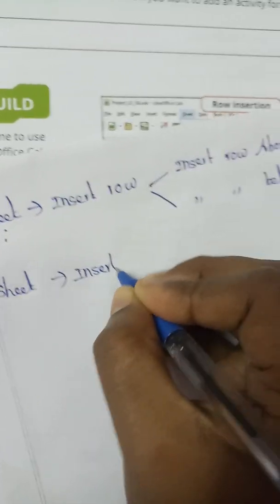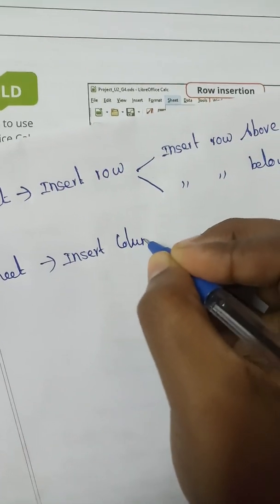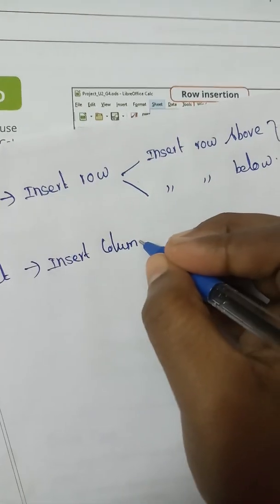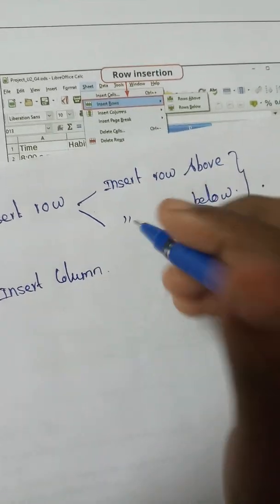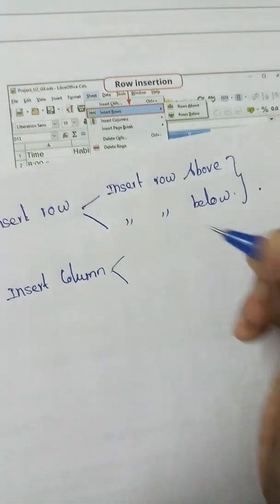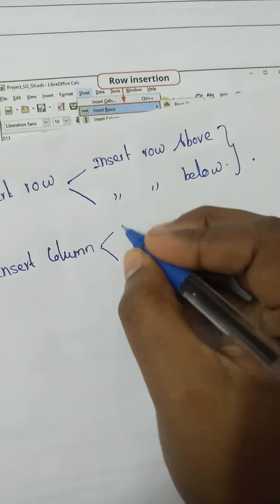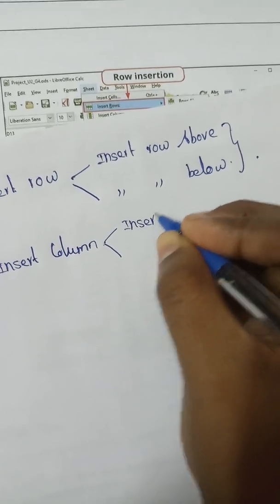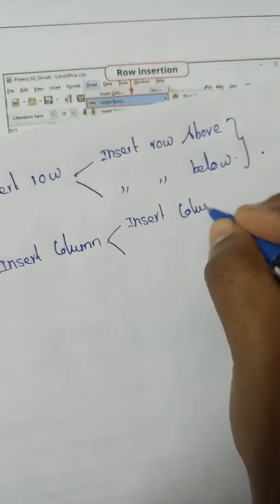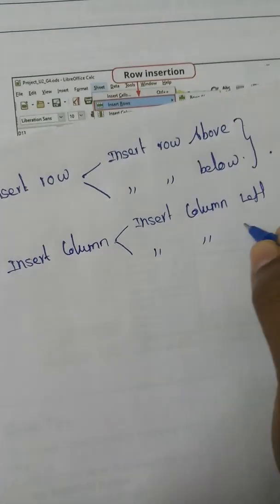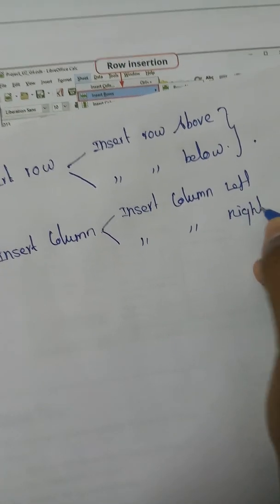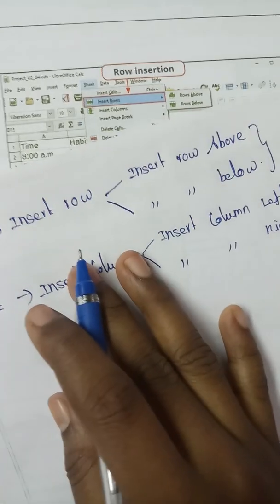You need to choose Insert Column, and then you can select Insert Column Left or Insert Column Right.